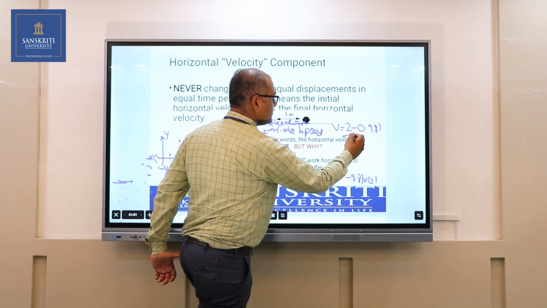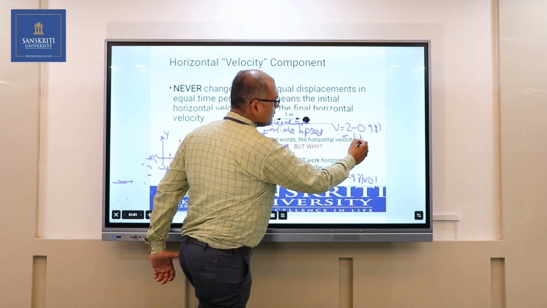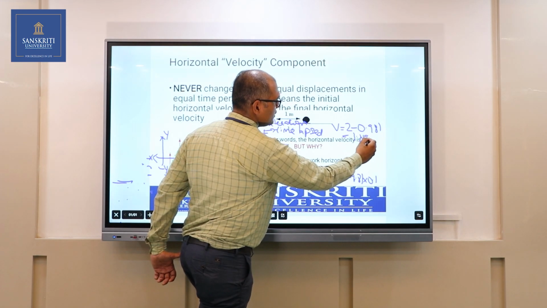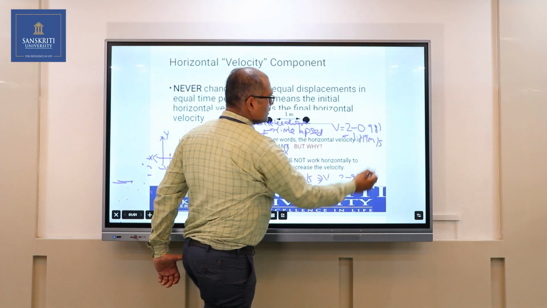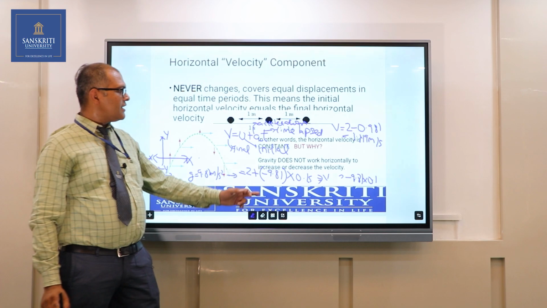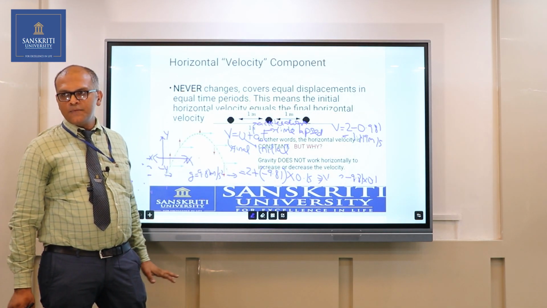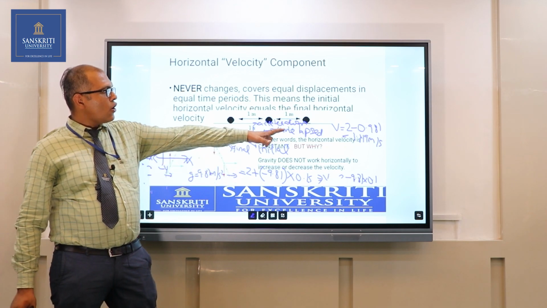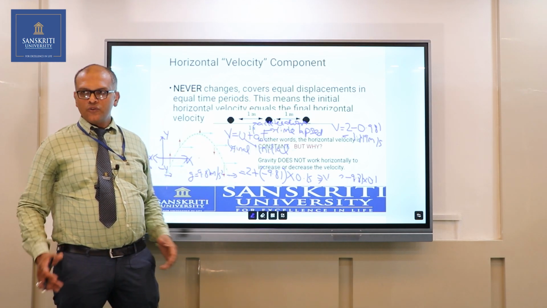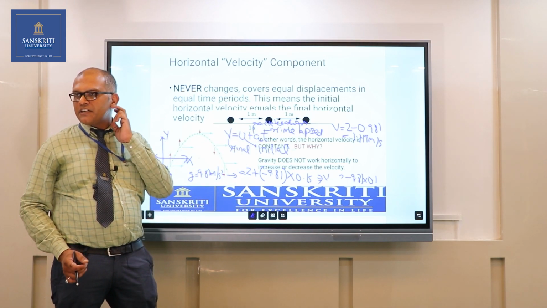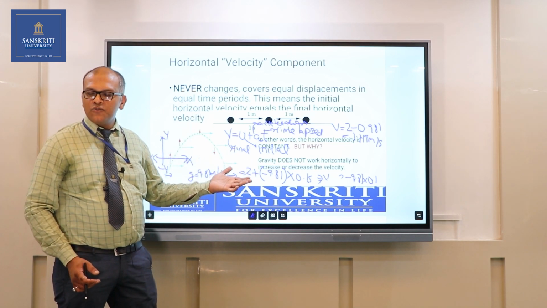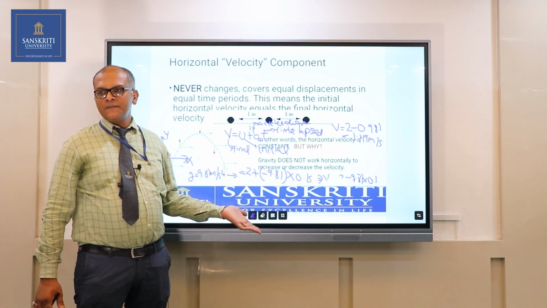It is nothing but 1.019 meters per second. Now what I am trying to tell is that in 0.1 second the vertical velocity has reduced, almost it has become half. So this is what is happening with the vertical velocity. The vertical velocity is reducing as the time is progressing.